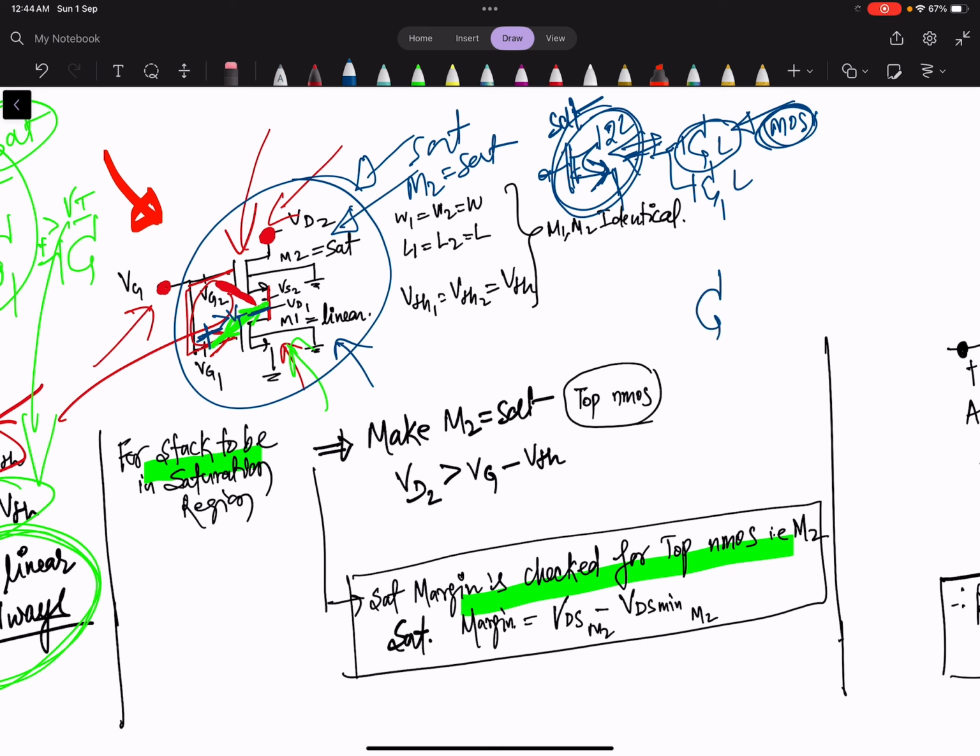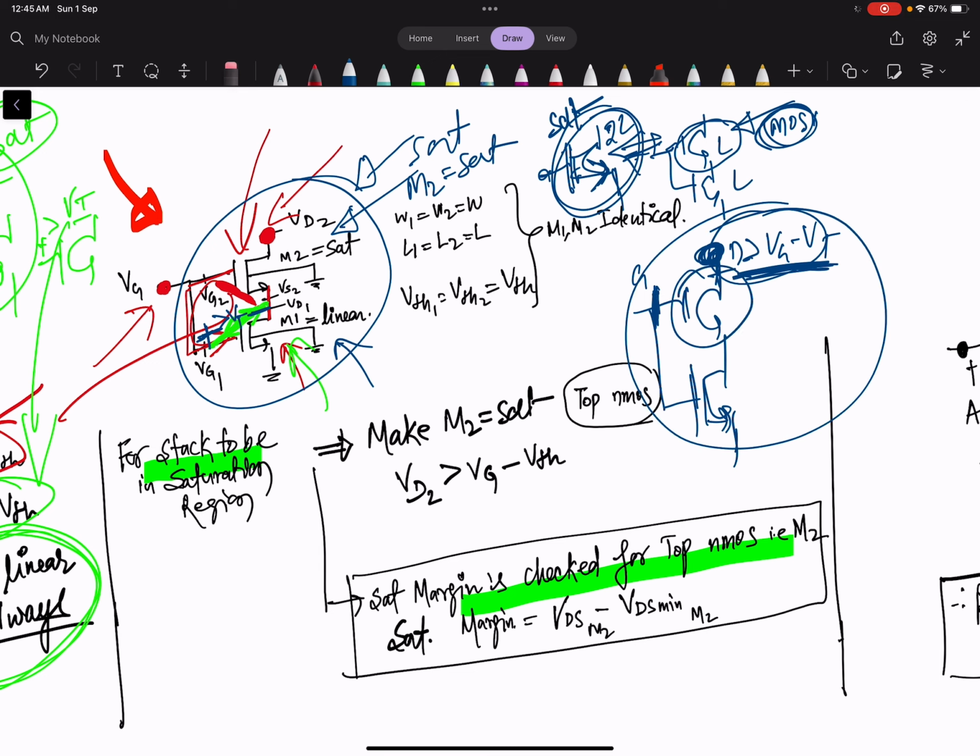It means this drain should be greater than Vg minus Vt. This is the condition. Then only this complete thing will be in the saturation region.